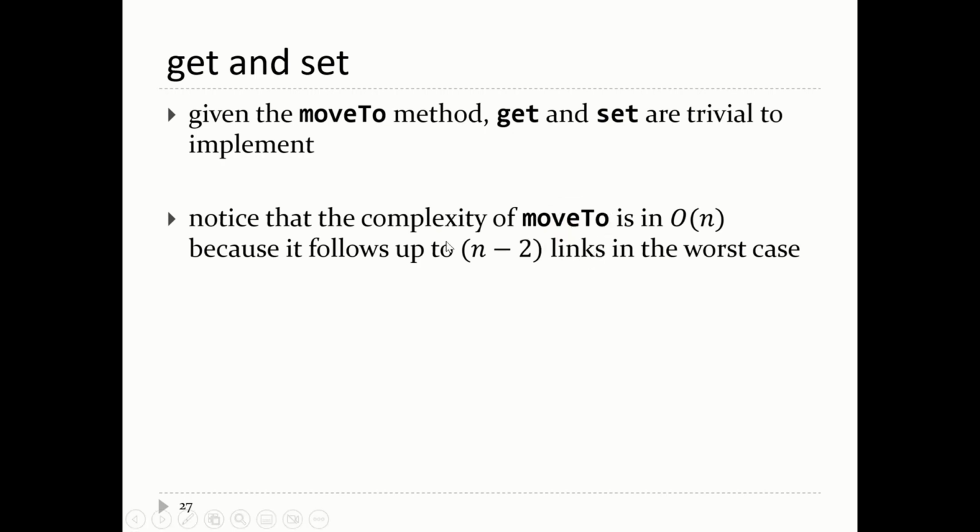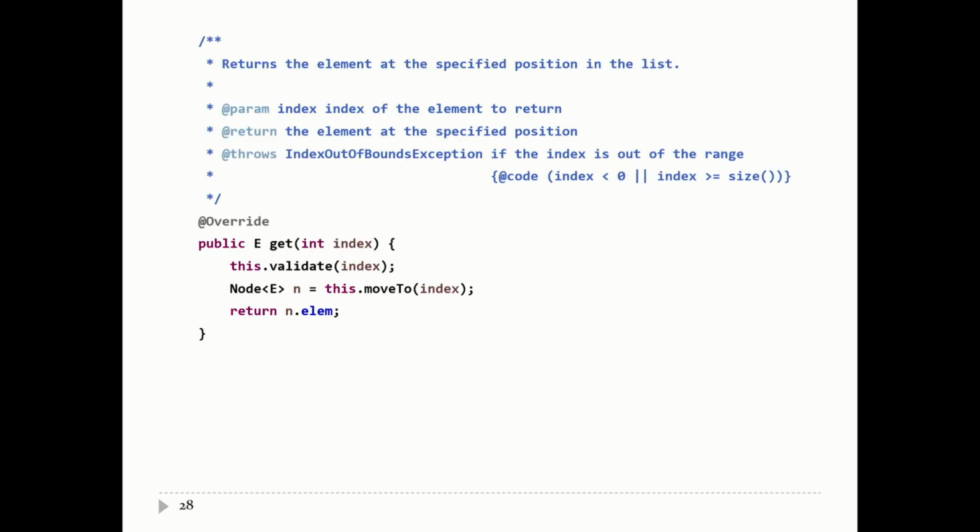Notice that move to, because it has to follow all the links in the sequence, its worst case complexity is always O(n). So get: validate the index, move to the node at that index, return the element in that node. If you don't have move to, you end up writing that loop over and over and over again. So it's really useful to have this method.